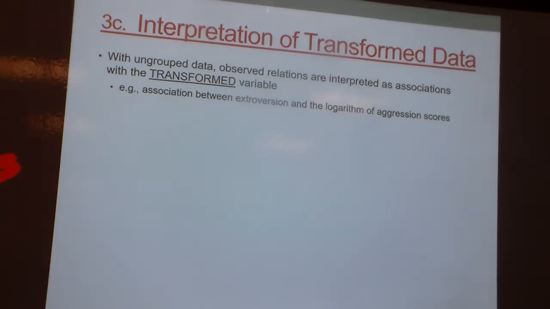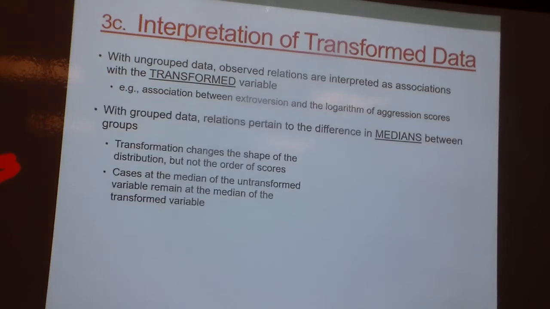I'm looking at the relation between extroversion and the log transform of aggression. Now, I might have known what the aggression scale was, but the log transform of aggression starts to get harder to understand, right? So it just complicates your interpretation. This is why you should use these types of things judiciously.